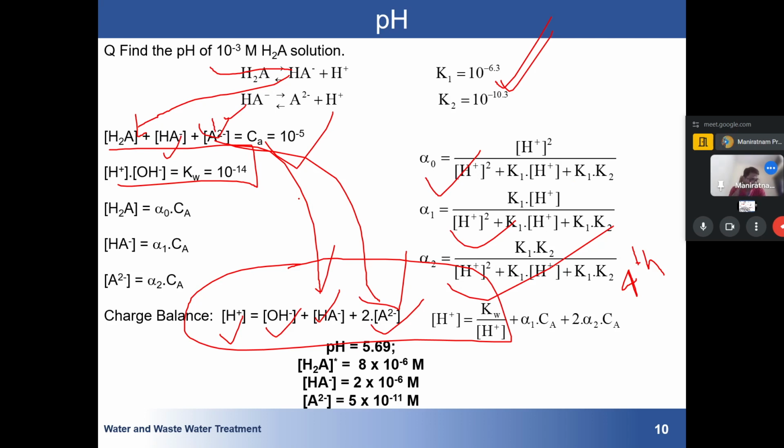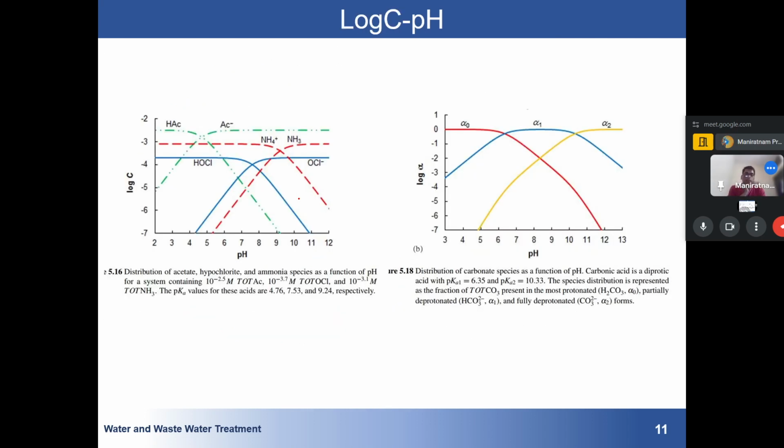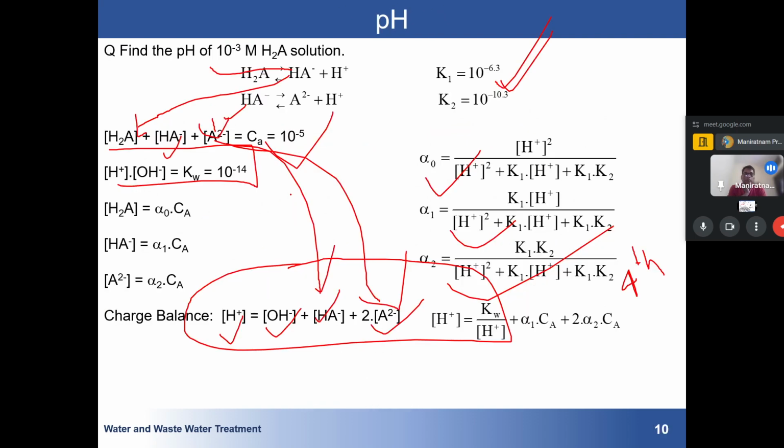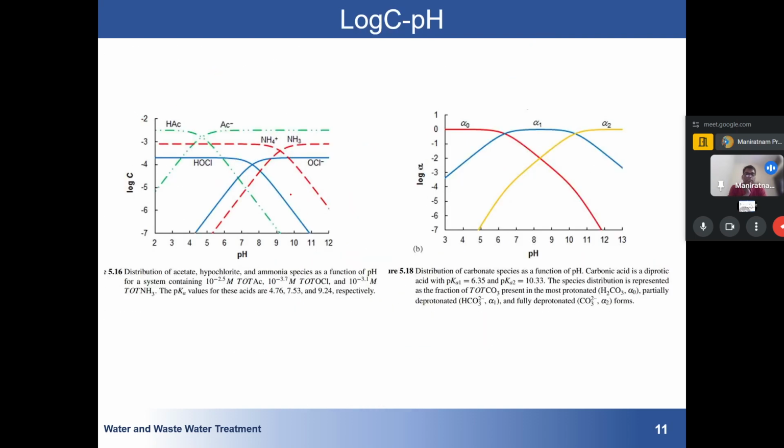Okay. So again, what I was talking about is the log C-pH graph. I have taken this from the Benjamin book. You can see that they are talking about weak acids: HOCl, ammonium, and acetic acid, CH3COOH.